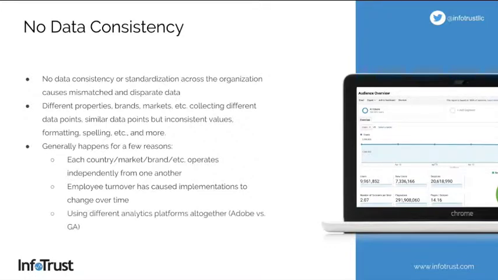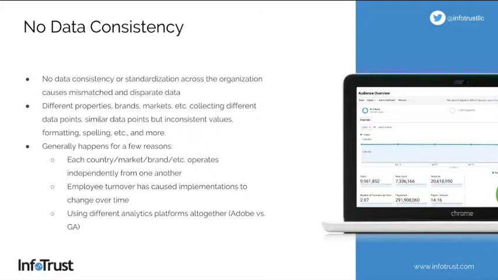And then last, you're actually just using different analytics platforms altogether. In the example I was talking about with one of our clients that has a US team, a UK team, and a Germany team, the US team was using Adobe, while the UK and Germany teams are using GA. When we migrated the US team over from Adobe to Google Analytics 360, we then took that learning and that global architecture across the seas, so to say, to the UK team to implement.